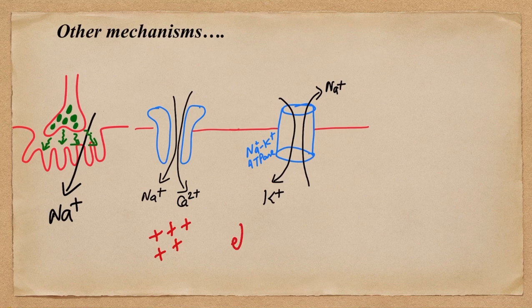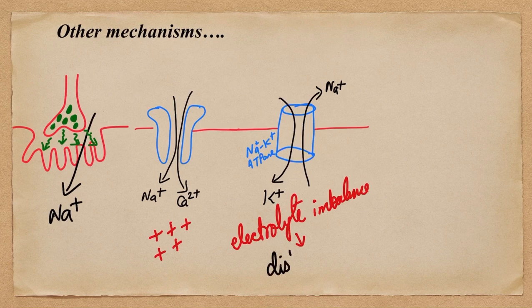So ultimately what is happening here? There is an electrolyte imbalance that has occurred, and this electrolyte imbalance is causing distortion in membrane function. This is also one of the mechanisms.